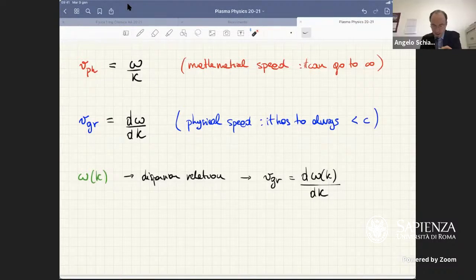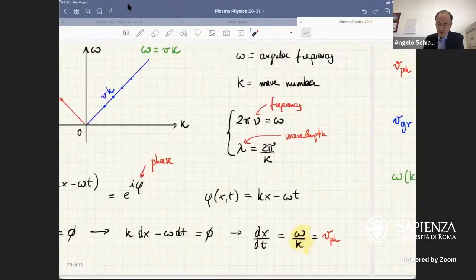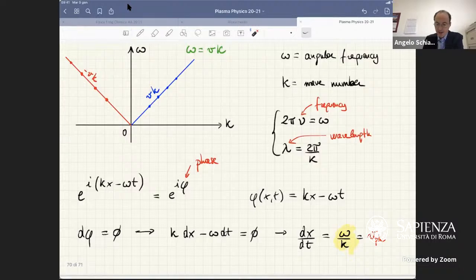So we introduced the concept of dispersion relation, and we applied it to a case where the dispersion relation is omega equal v times k.